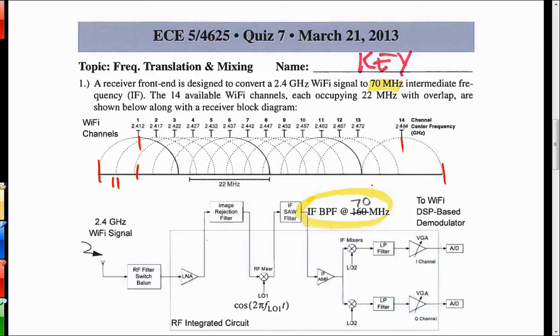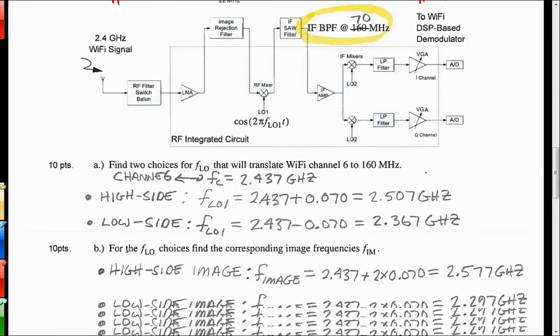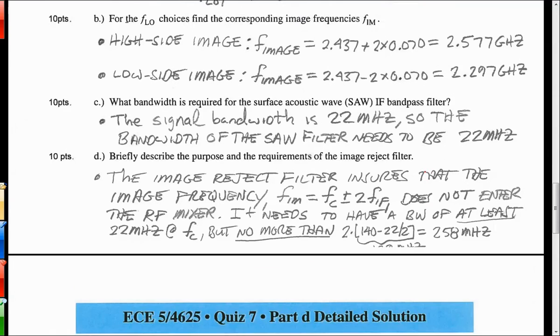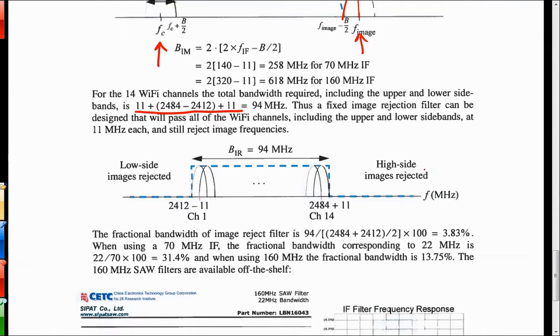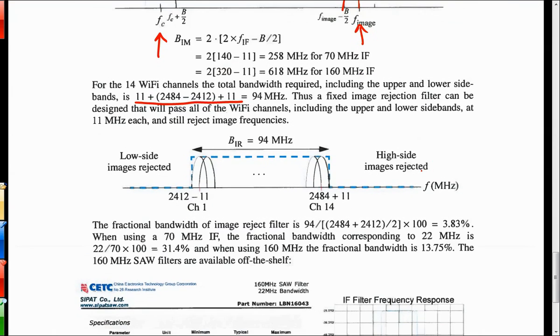Have to have 11 sitting in here and 11 sitting in here, and then it's the total delta from 2412 up to 2484, which is the 94. Well, it's not the 94, it's the 94 less 22, but when I throw that in there, it comes out to be a total of 94, which is what I have in this picture right here.